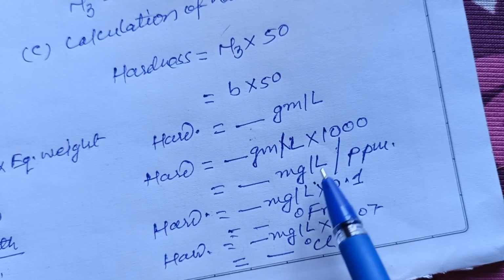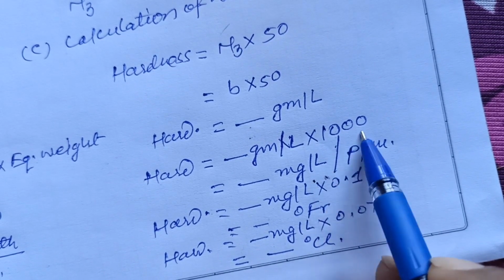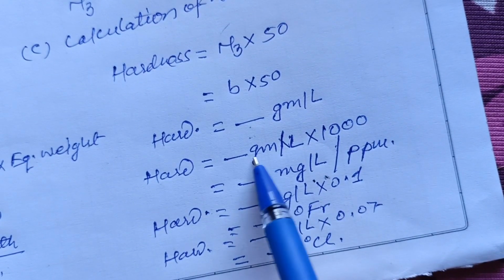You have no need to multiply by 1000 from the gram per liter.